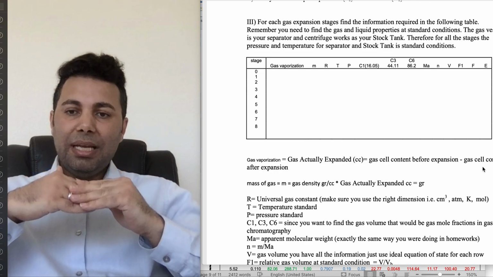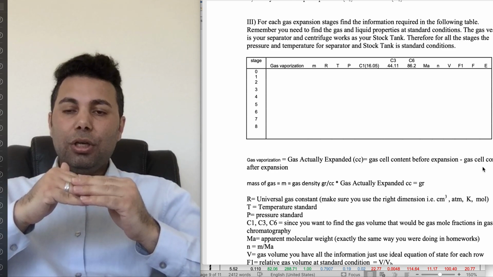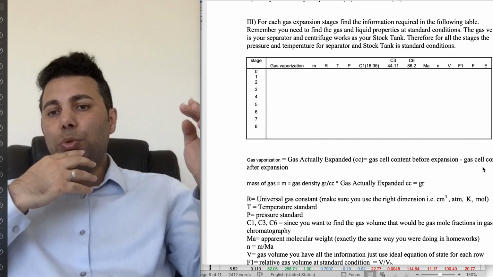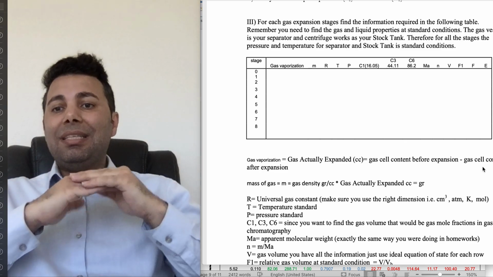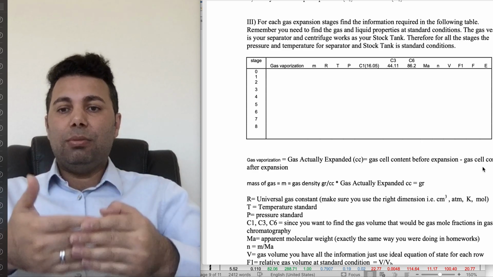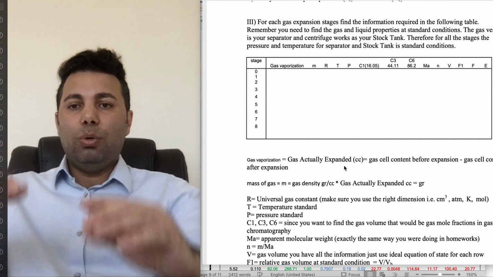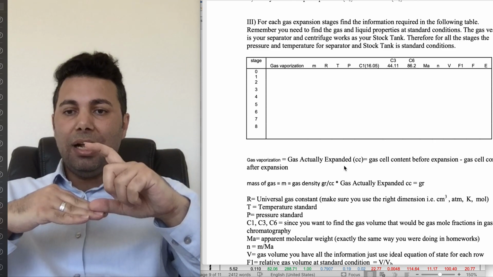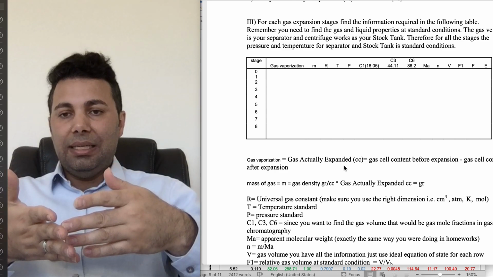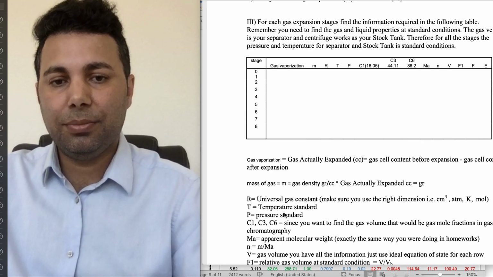So after you try to send that 1.568 cc's, for example, gas out, you will see in the cell you will end up with having 0.002 or 0.007 cc's of gas left in the cell. So since that amount is left, you need to subtract that from the total amount of gas to be able to get the actually expanded gas. So we drop the pressure, we know how much gas we have in the cell, and then we subtract that amount from the amount that will be left in the cell after our expansions. Okay, so this is how we get the gas vaporization.